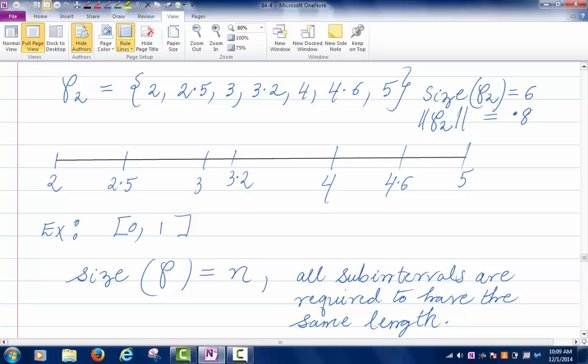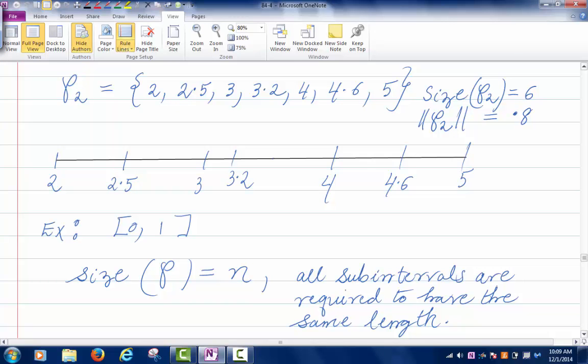The first subinterval has length 0.5, the second has length 0.5, the third has length 0.2, the fourth has 0.8, the fifth has length 0.6, and the last has length 0.4. Is everybody okay with that?